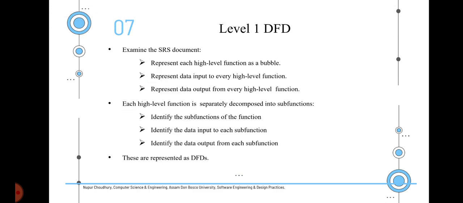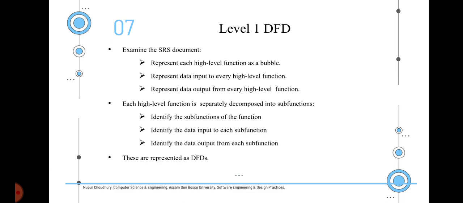Next we will talk about level 1 diagram. Here we will be breaking down the initial bubble or the initial process in the context level diagram into sub functions or sub bubbles or sub transforms. So here also we have to represent each high level function as a bubble.